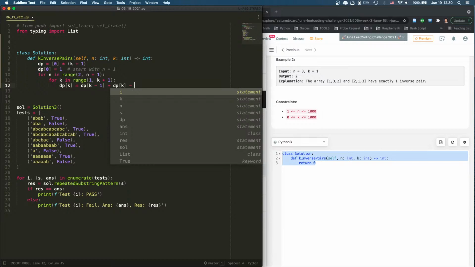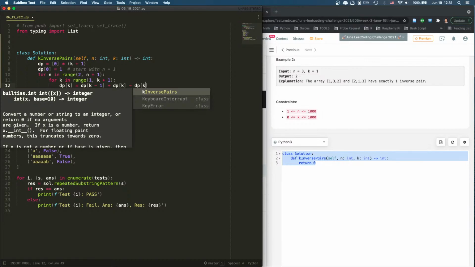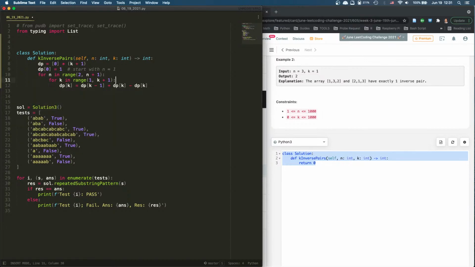We already hit it, right? And then that one plus this minus, we need to minus dp k. Oh, we cannot use k.